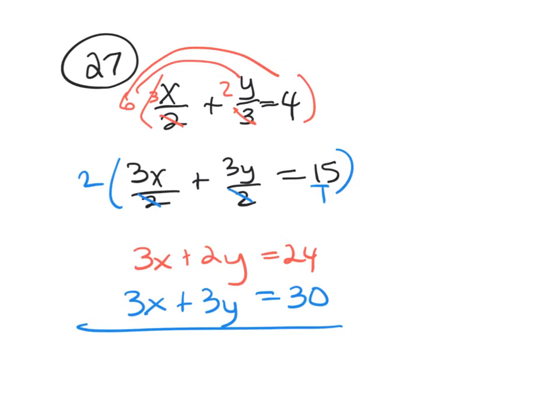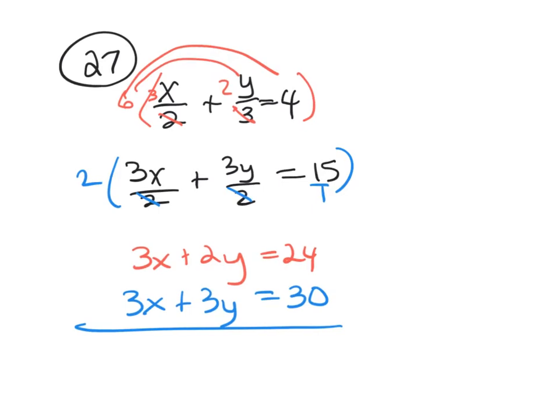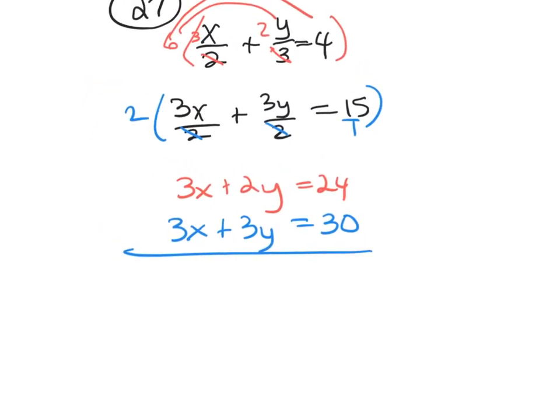So now, when I go to do this, I need to figure out what I want to eliminate. Probably the easiest way for me to eliminate would be to eliminate x, and I'm going to multiply one of my equations by a negative 1. So let's do this one. And let me erase this. It won't let me.